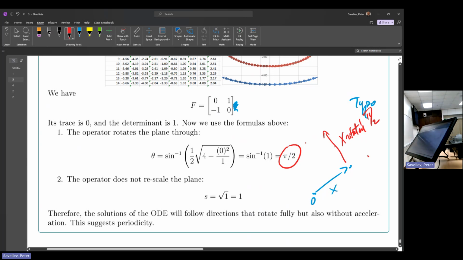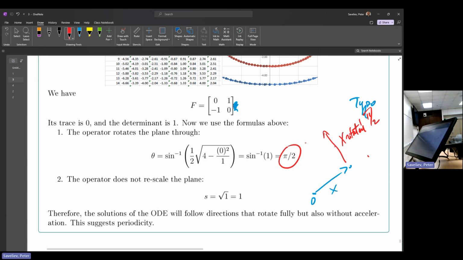Once again, it describes a pure rotation because of this proportionality. In other words, we're always moving in the perpendicular direction from our location.